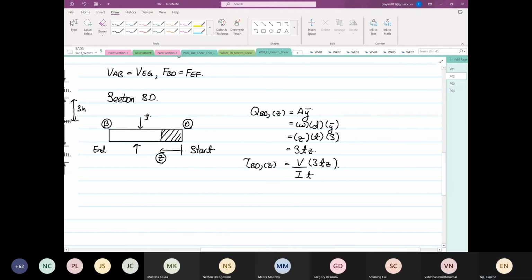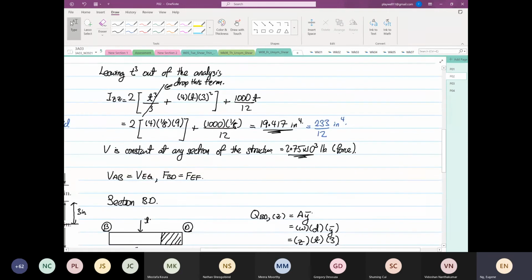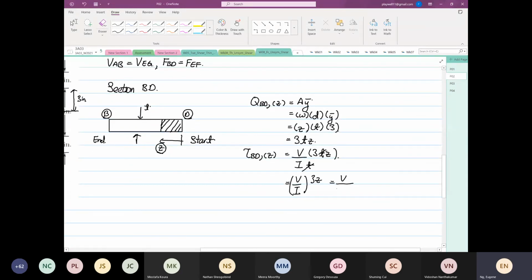When we simplify this equation, you can get rid of the thickness. You get V over I multiplied by 3Z. We know I is equal to 233 over 12, so V divided by 233 over 12, multiplied by 3Z.